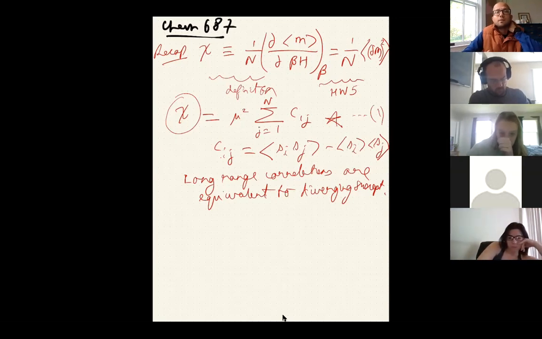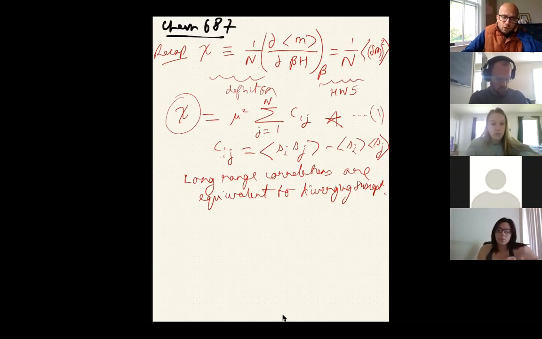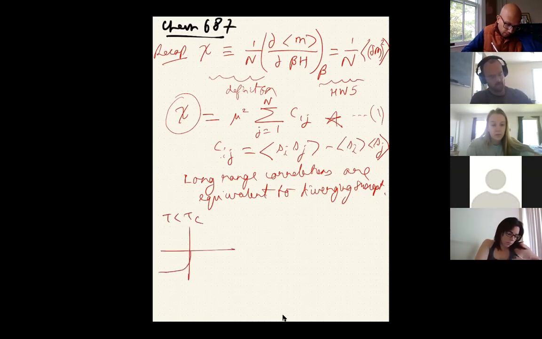What does it mean for the system to have long-range correlations well below critical temperature, and very close to critical temperature? There we showed that for T less than Tc, the average magnetization versus H plot looks something like this.